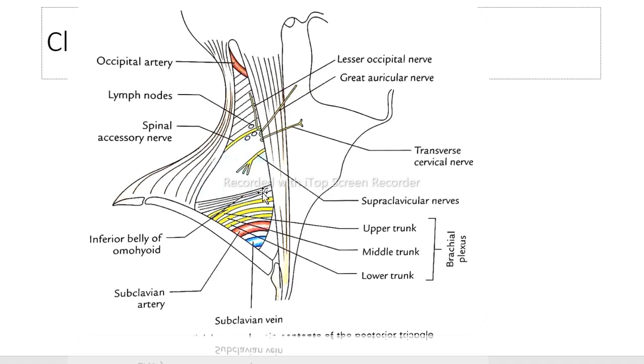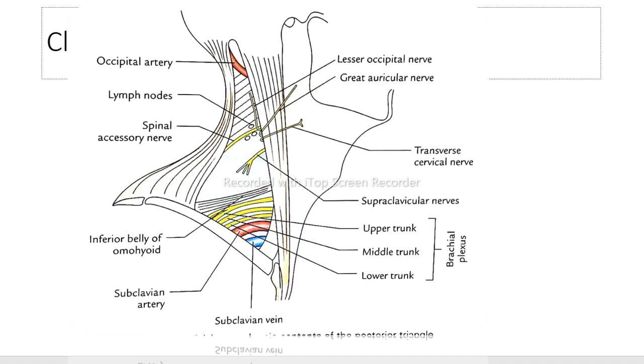Now the content in the inferior part of the posterior triangle: the upper three trunks of the brachial plexus, subclavian artery and subclavian vein, the third part of the subclavian artery. And there is a branch from the subclavian artery that appears in the triangle, that is the transverse cervical artery.